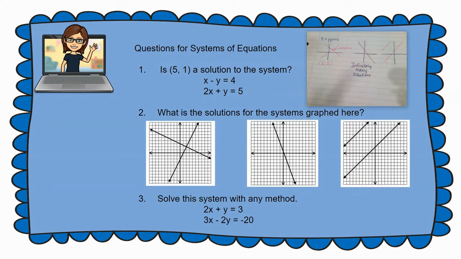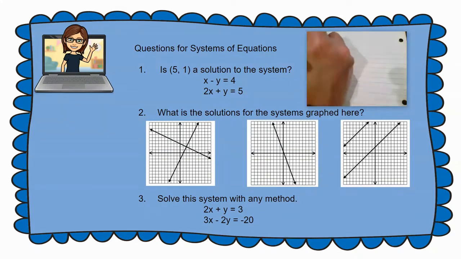Well, these two lines don't intersect, and that means we have no solution. So anytime you're using the graphing method to solve your system of equations, you're going to get one of these three scenarios. Either you're going to get a point where the two lines intersect, or you'll have the two lines graph right on top of each other, or you'll graph the two lines and they don't intersect at all.